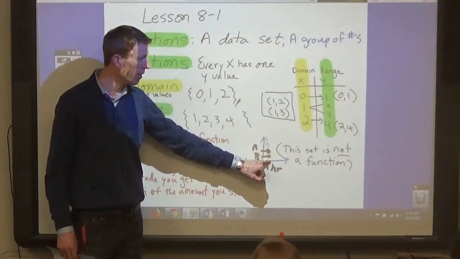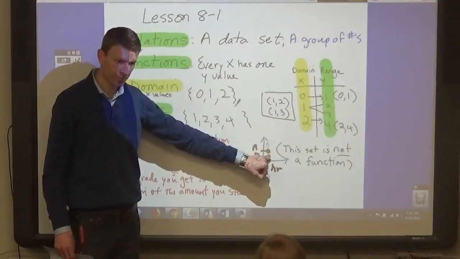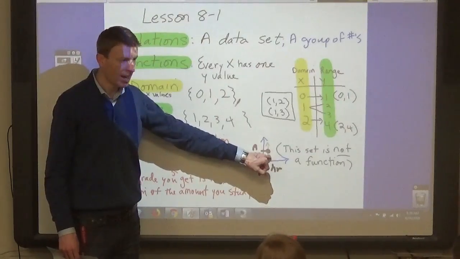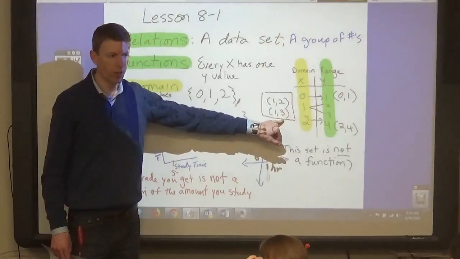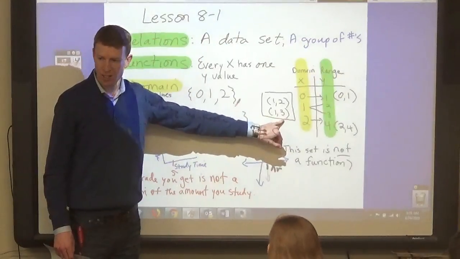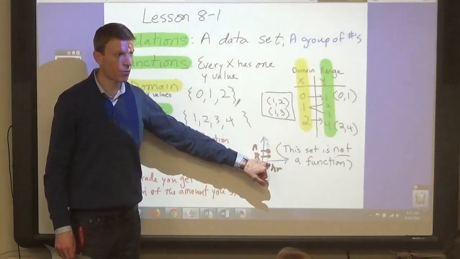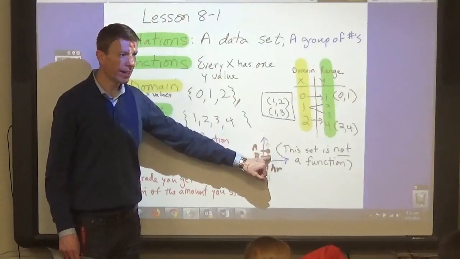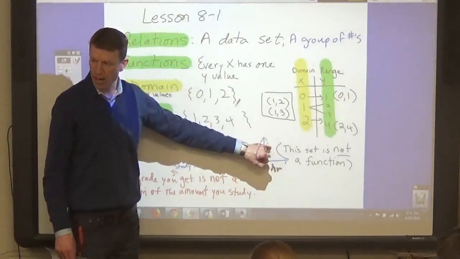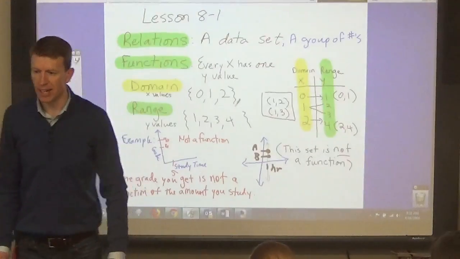You went right 1 and you go up 2. So that's where that point would be. And if you were to graph 1, 3, you would go right 1 and 3 up. So these 2 points on the graph are stacked right on top of each other. Or they're on the same what, Sophie?